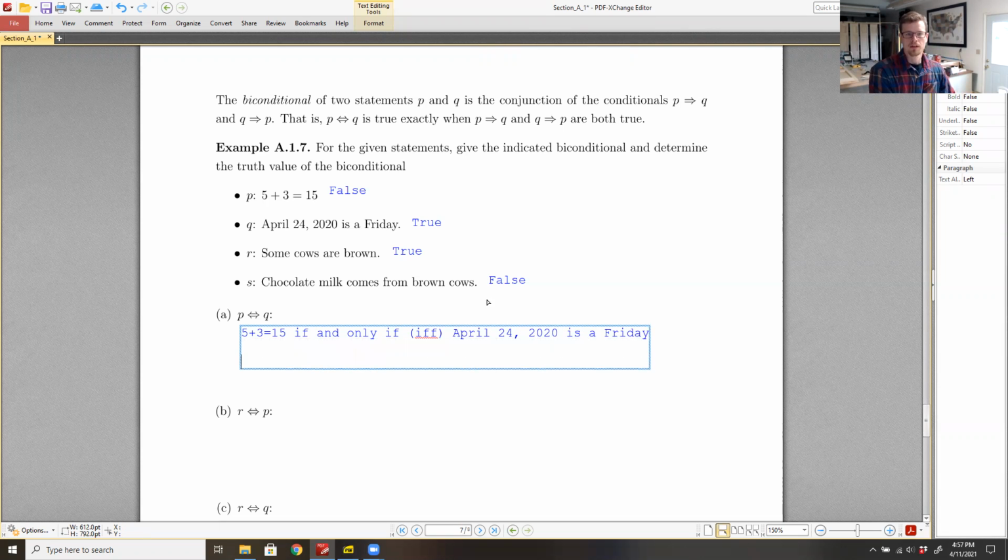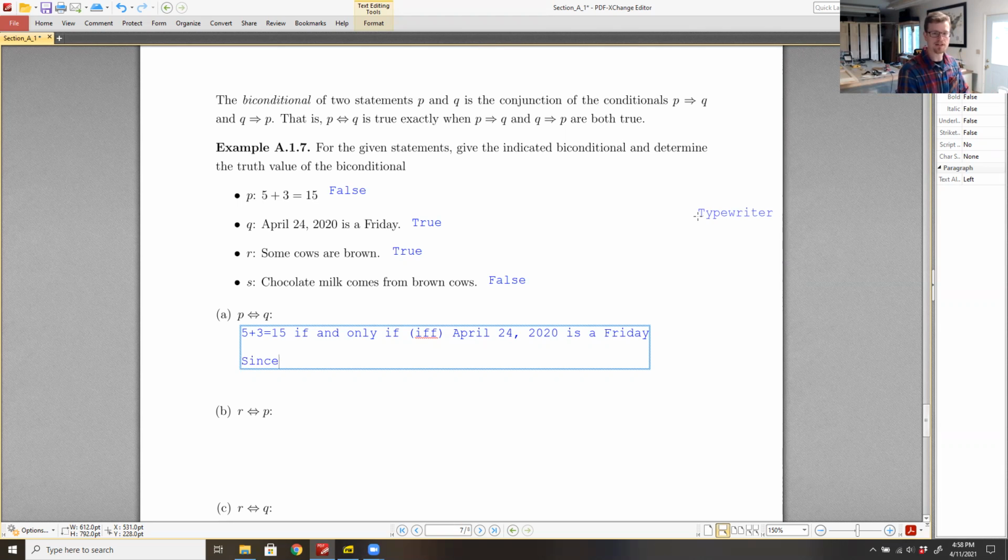If we look at the two directions, P implies Q: P is false, so we know P implies Q is true. But what about Q implies P? April 24th, 2020 is a Friday, but 5 plus 3 is not equal to 15. So Q implies P is false. There are a couple different ways we could write this out.